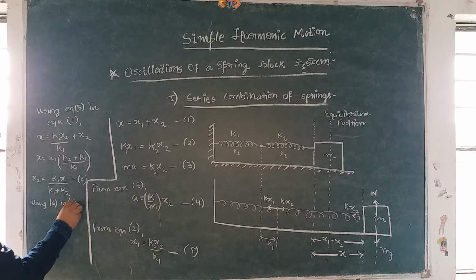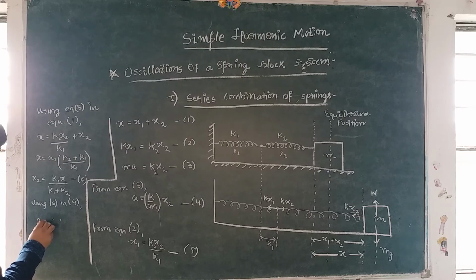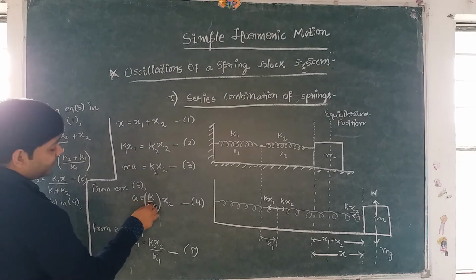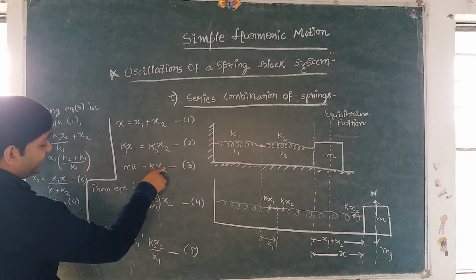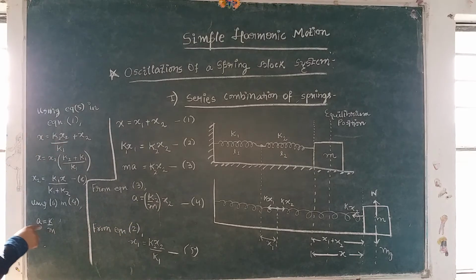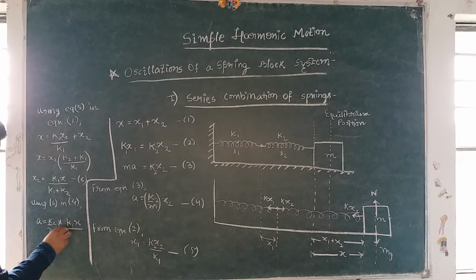Using equation 6 in equation 4, we get A is equal to K by M, and what will be the value of this? This is K2, right? A will be K2x2 upon M. So from here A will be equal to K2 upon M multiplied by the value of x2. Value of x2 is this, so it will be K1x upon K1 plus K2, right?